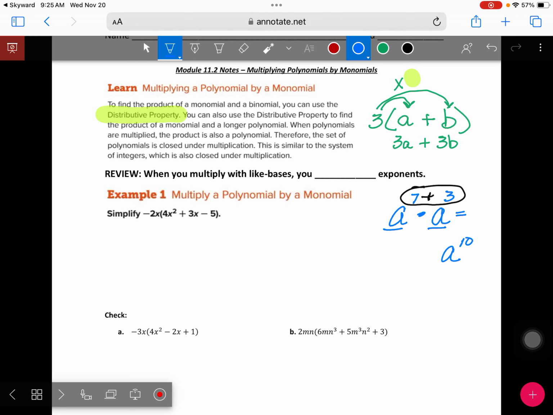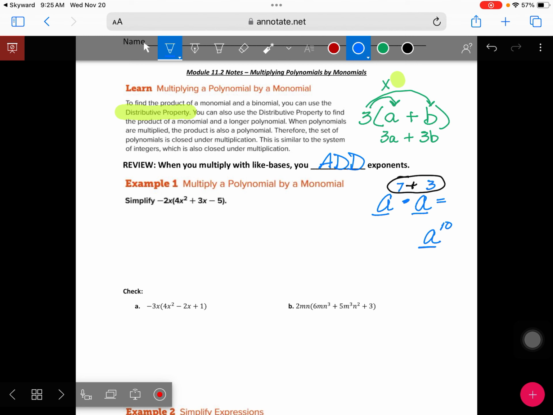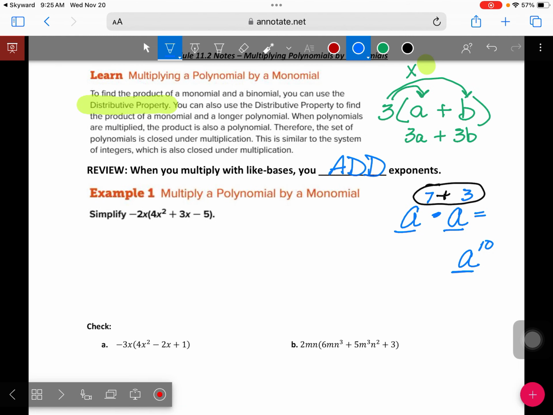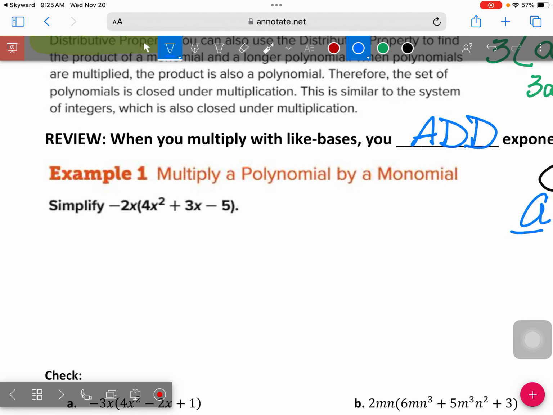So when you multiply like bases, you add the exponents. All right? If they have the same base, yes. If I had an m in there, then you would add the exponents on that m variable. Okay?